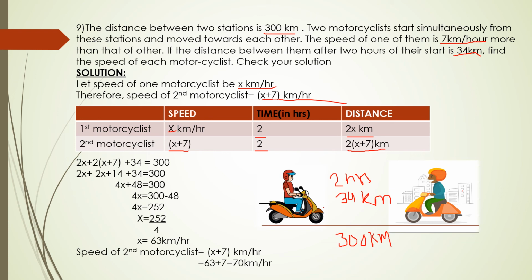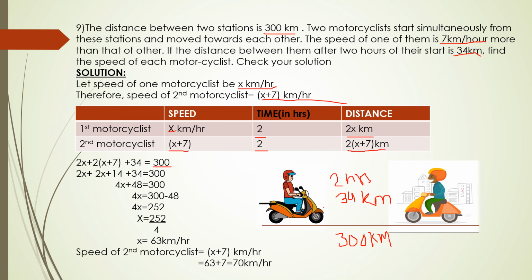If you look at the figure carefully, after 2 hours, they both must have traveled some distance out of 300 kilometer, isn't it? So the first one has traveled 2x kilometer and the second one has traveled 2 into x plus 7 kilometer. The remaining is 34 in between them. So if you add 34 to it, the total distance would be 300 kilometer.